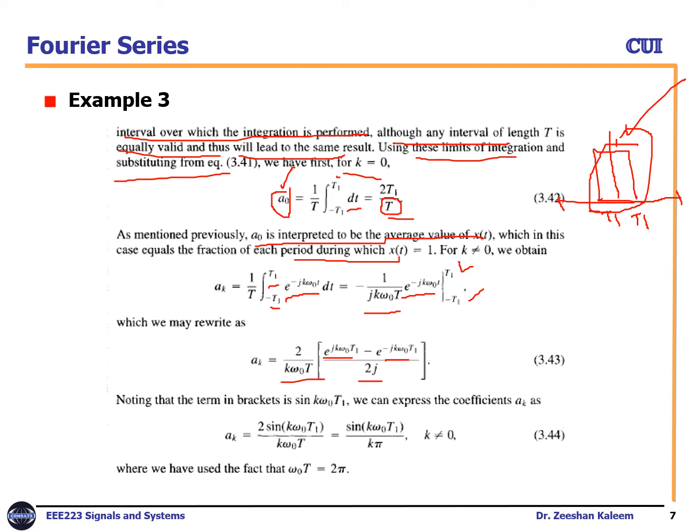This is equivalent to the sine. So we can rewrite it as 2 sin(k omega naught T1) over k omega naught T.